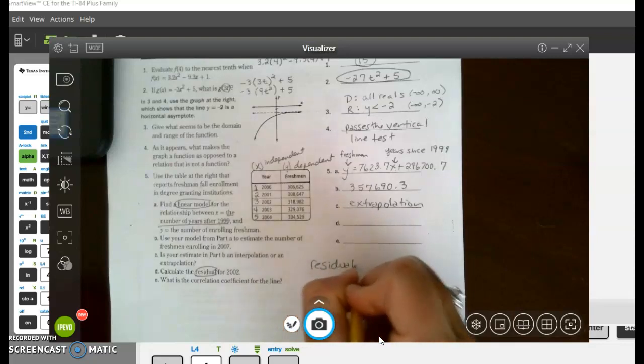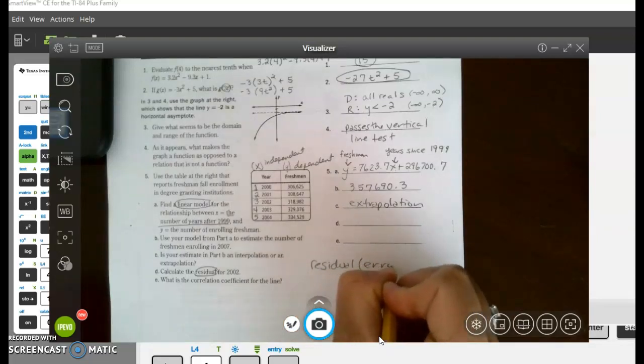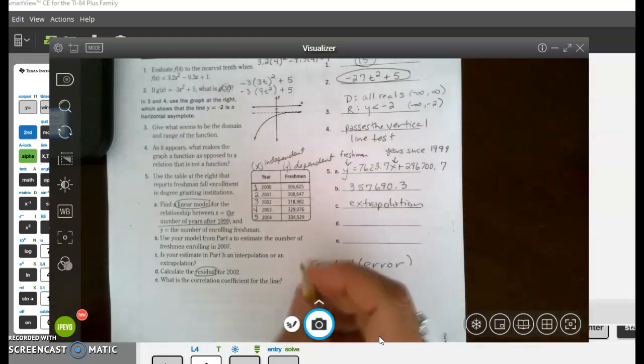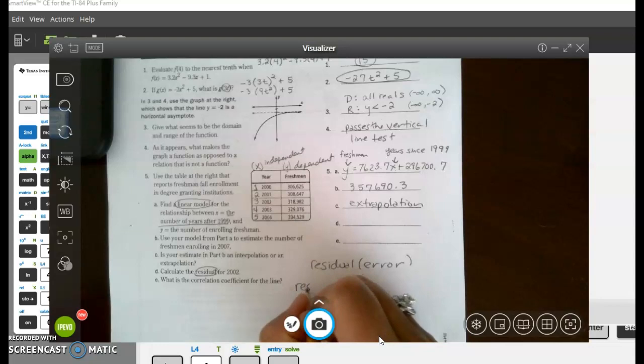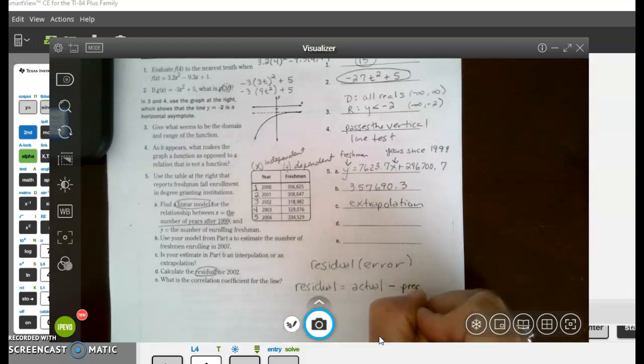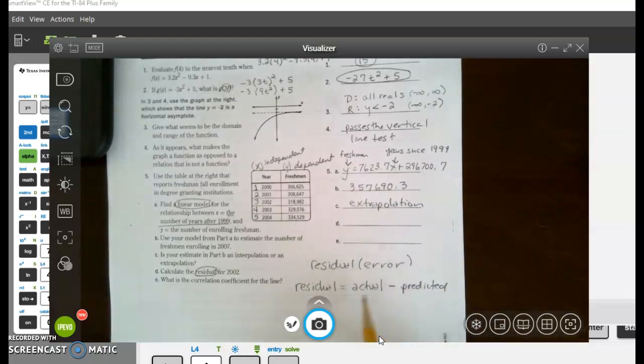We made a prediction, so how much are we off by? The residual is always the actual data minus the predicted, and it has to be in that order. So residual is always actual minus predicted.